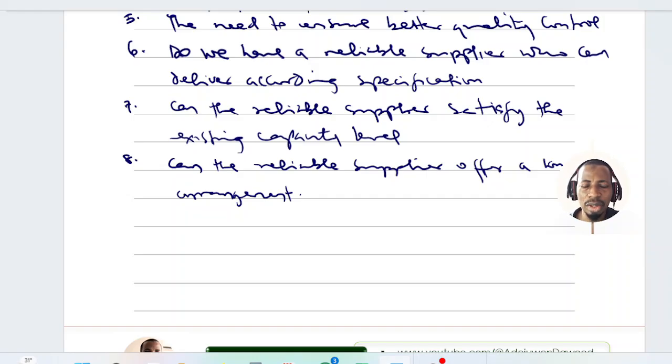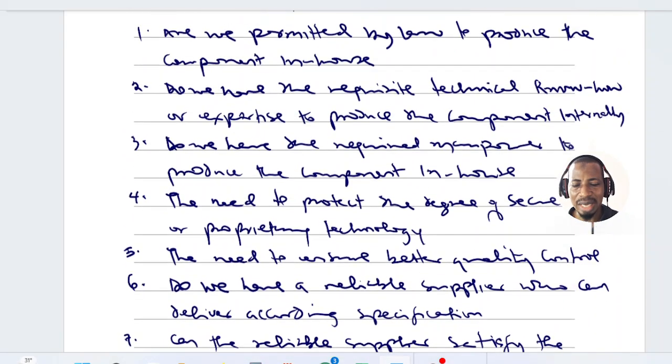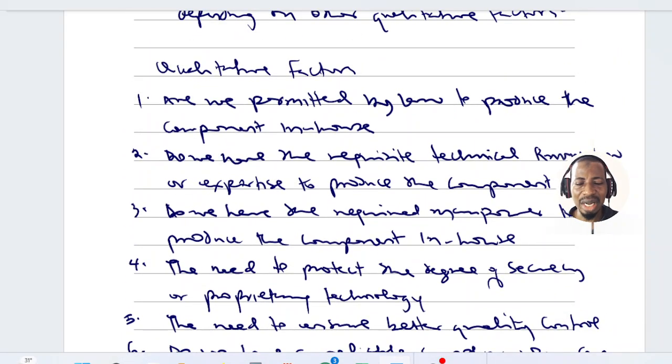So the company must ensure that there's a reliable supplier who can offer a long-term arrangement in supplying the component. So these are some of the factors that you need to take into consideration as far as the make or buy decision is concerned.